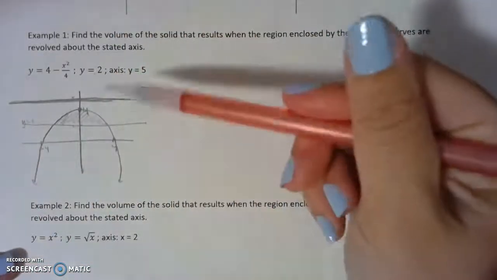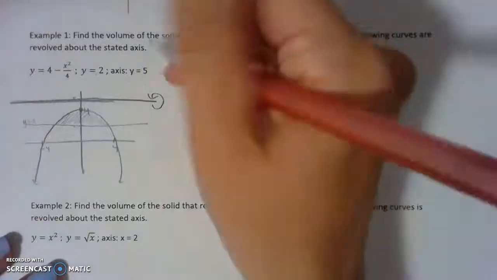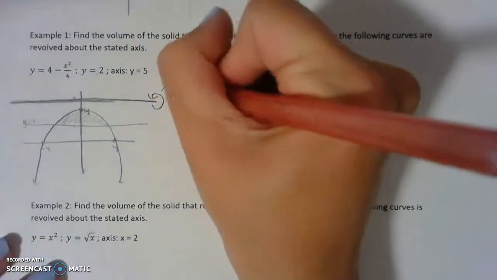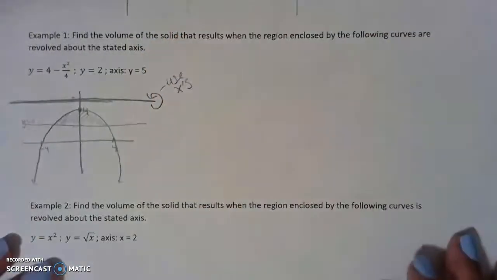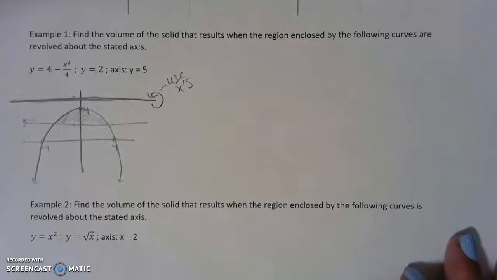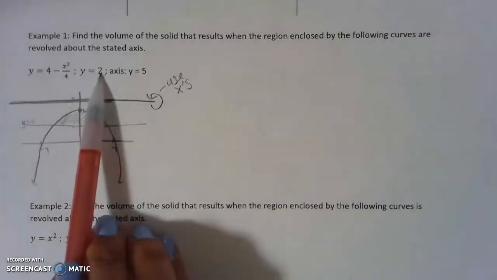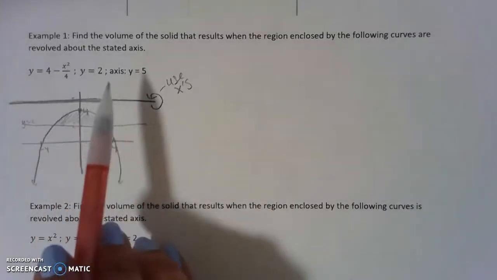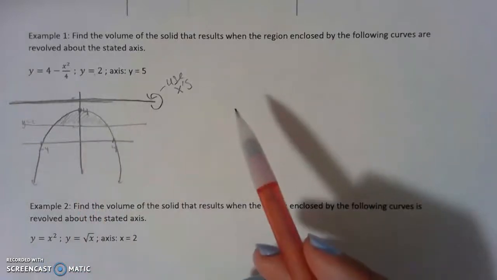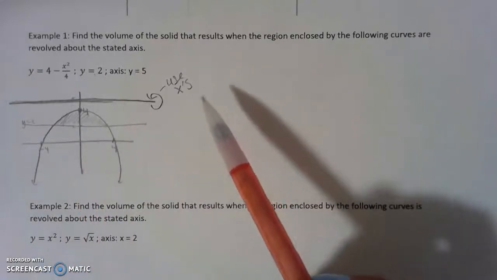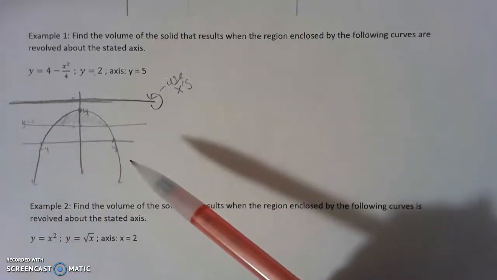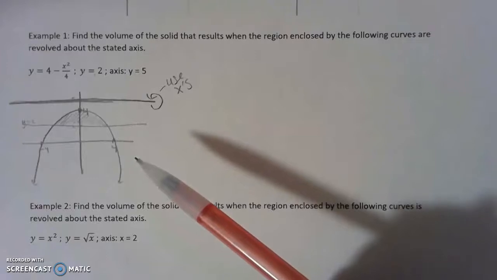Now, remember, this is a horizontal rotation, so that means we're going to use x's. Everything that we do needs to be in terms of x. Well, our equations are already in terms of x because they say y equals. So the other part that we have to make sure we use when we talk about the x's is our lower and upper limit need to be the x's.